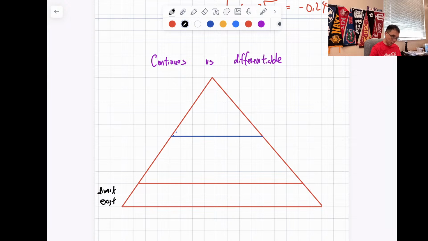And the way to write it in math is the limit as x approaches a from the left of f of x is equal to the limit as x approaches a from the right of f of x. And in terms of graphing, it will probably look something like this.